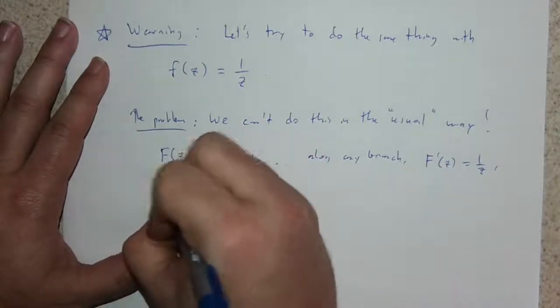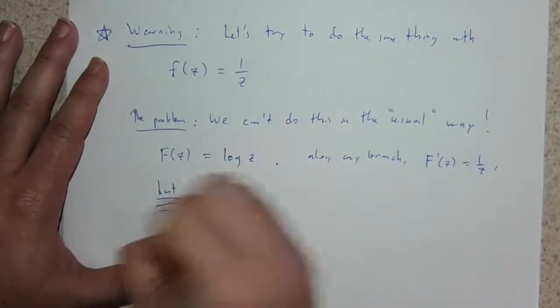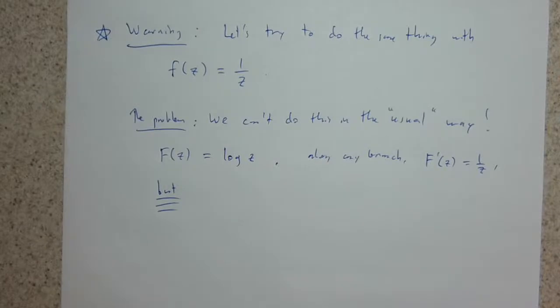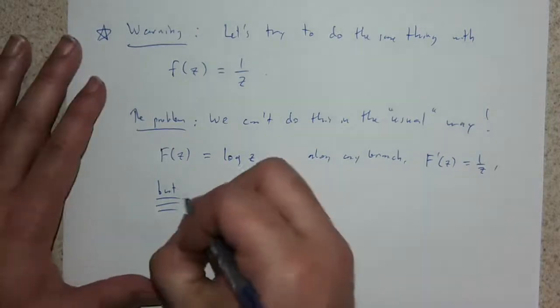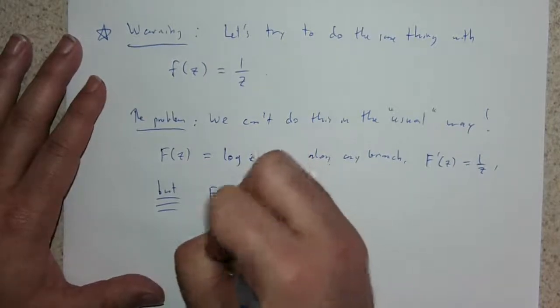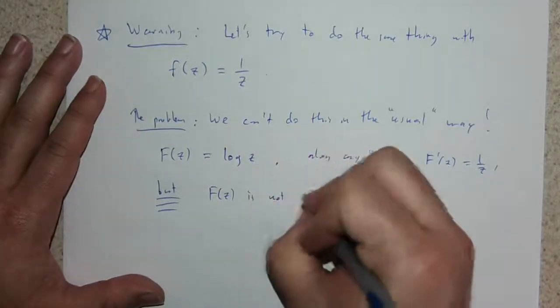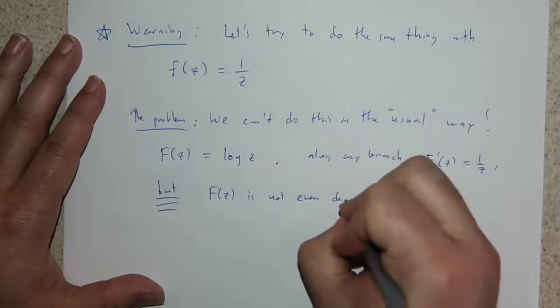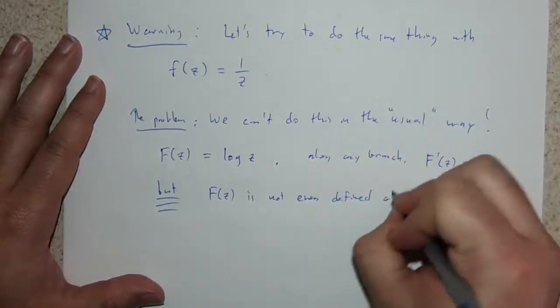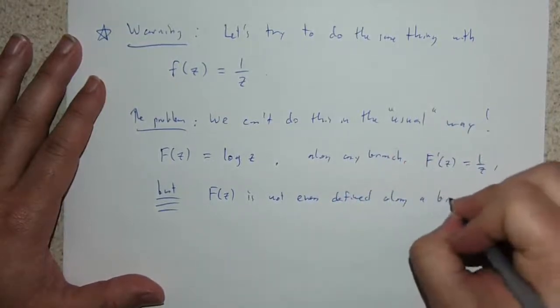But, and this is a big key thing here, this is not differentiable because it's not even defined along any branch cut or at a branch point. F of z is not even defined along a branch cut.